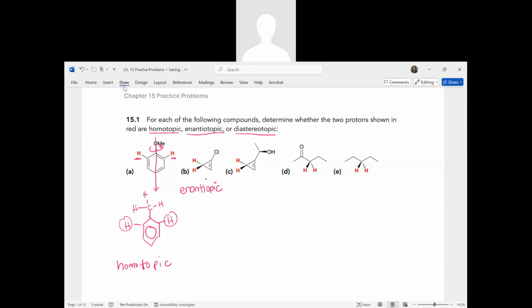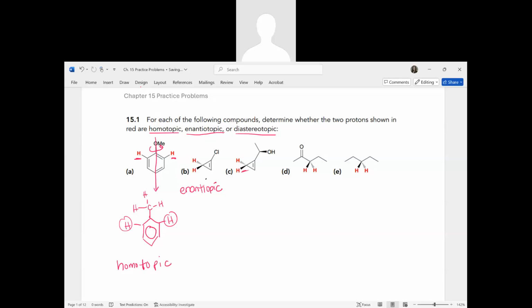Let's move to our third compound here. In this case, we cannot interchange these protons through rotational symmetry. We cannot find an axis of rotation. Also, there's no plane of symmetry that divides this compound equally.